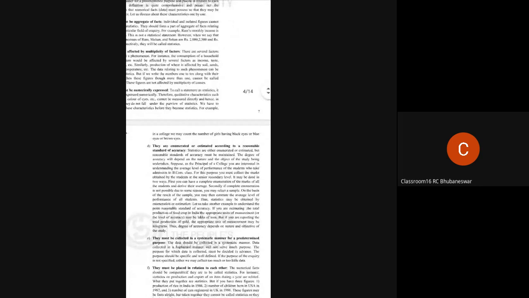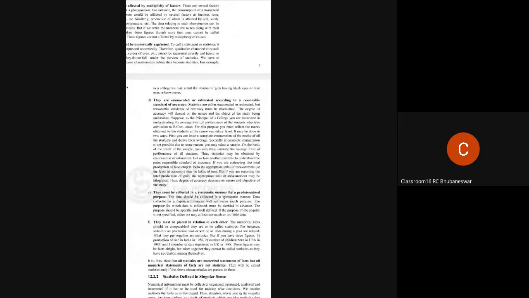Then they must be collected in a systematic manner for a predetermined purpose. While collecting any information which can be converted into quantitative form, there is a particular process.